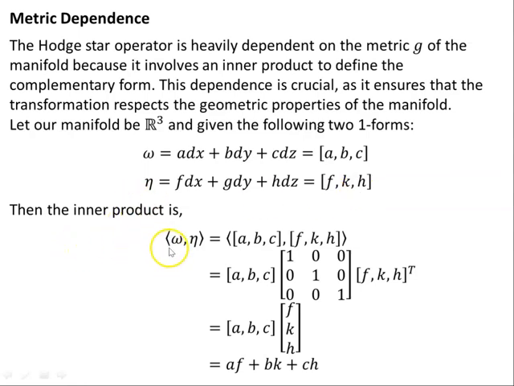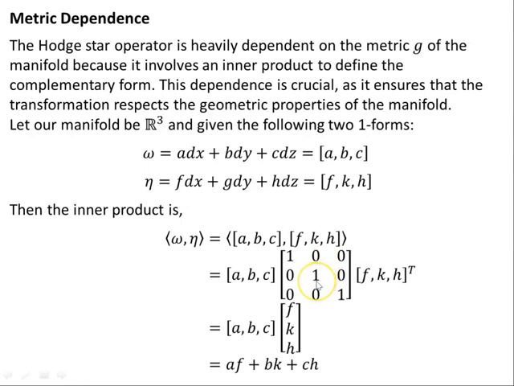So the inner product here, denoted by the angled brackets, omega comma eta, is this object here. To evaluate that, we have the row vector, and we have the metric here. In the Euclidean metric in 3 dimensions, it's just the diagonal matrix with ones on the diagonal and zeros everywhere else. In special relativity, Minkowski space would be R3 plus 1, and so we would have minus 1 here, 1, 1, another 1 down here, and everything else 0.